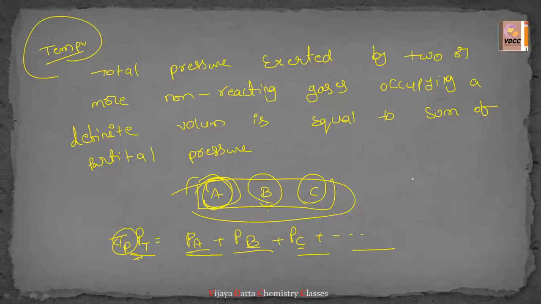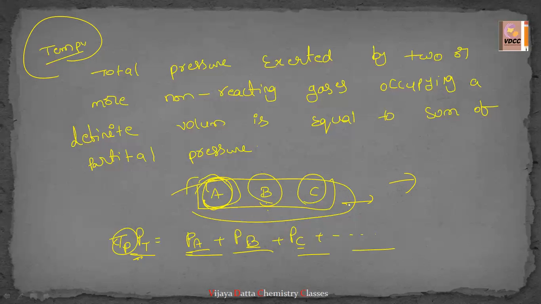This law is applicable at a given temperature. If you keep on changing the temperature, then we cannot consider this statement. This statement is applicable when we take constant temperature and maintain a certain volume, because when temperature increases, volume also either increases or decreases.